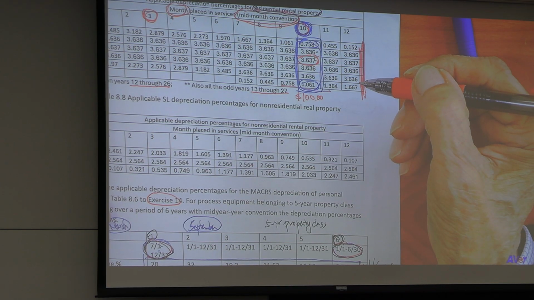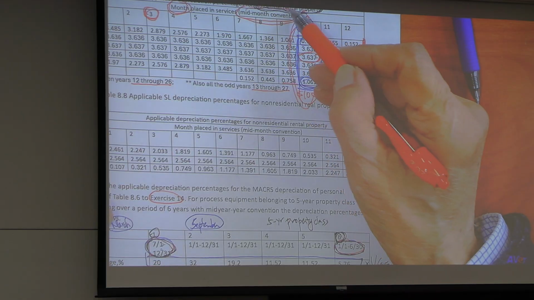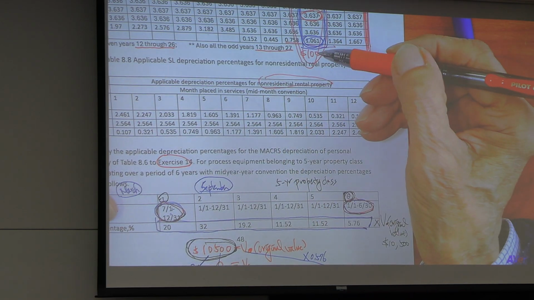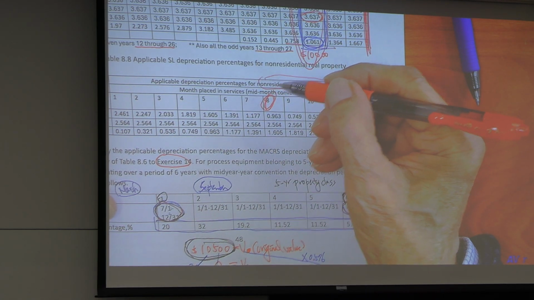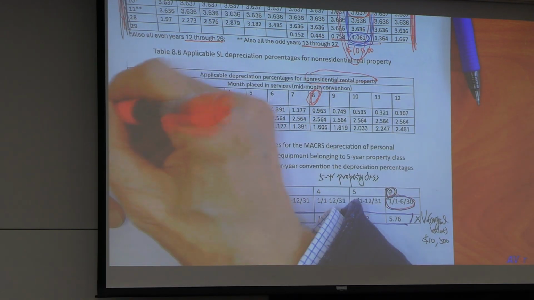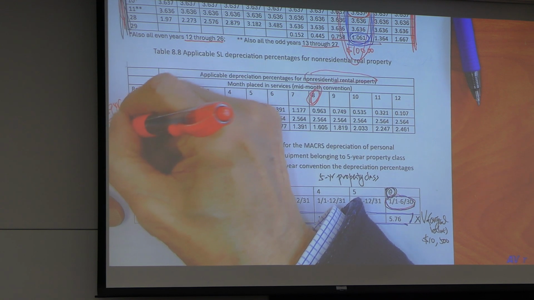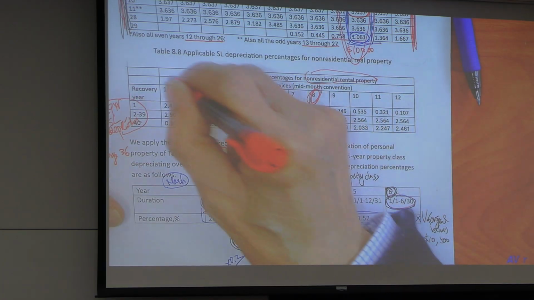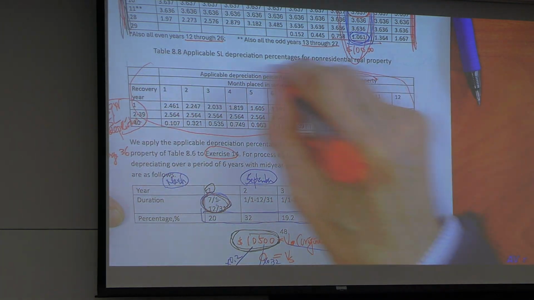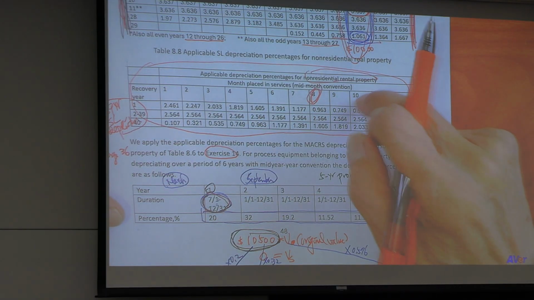Okay? So that is what residential real property. Non-residential months placed in service. Now, this allows 39-year SL depreciation. And we will give you example after we finish chapter 7.